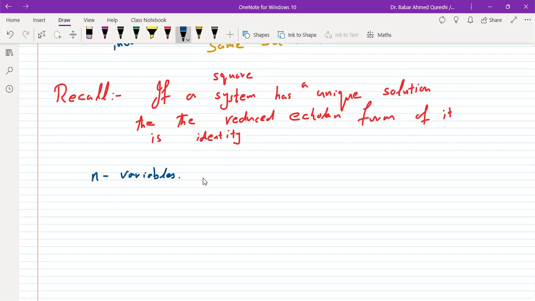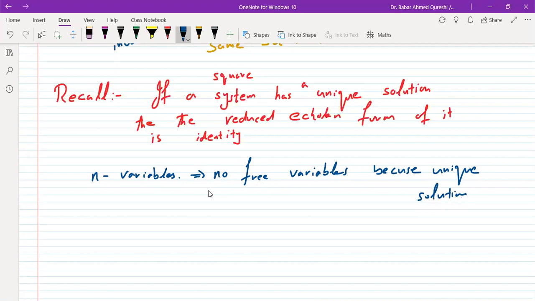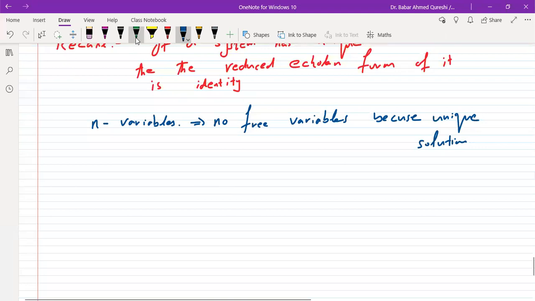And if it has a unique solution, that means it has no free variable, because unique. If it has no free variable, how many lead variables does it have? Each variable is a lead variable.